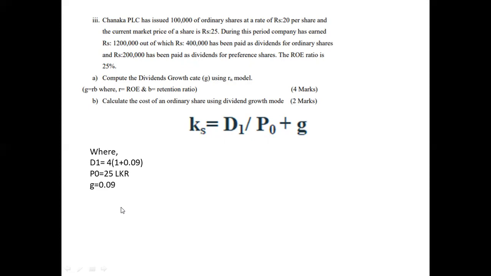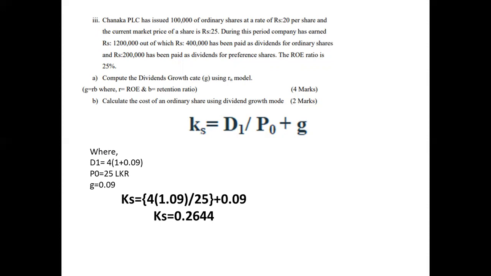The G value we already calculated as 0.09. Then we can simply calculate the cost of capital using these identified data. According to these calculations, the cost of capital of this ordinary share in Chanaka PLC is 0.26.